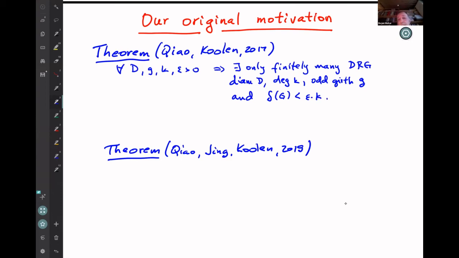So it says that basically the graph is non-bipartite. Yes, this is a consequence of odd girth being finite. So usually this spectral gap will be larger than a constant times k, the value of the largest eigenvalue.